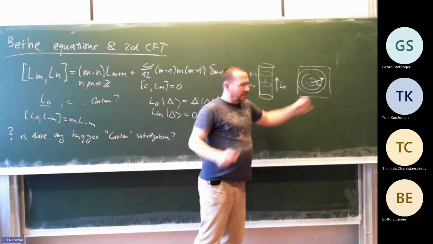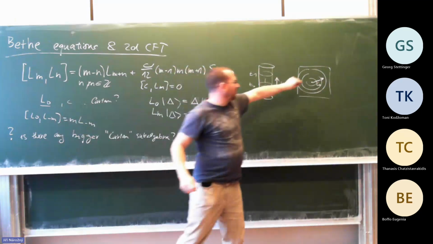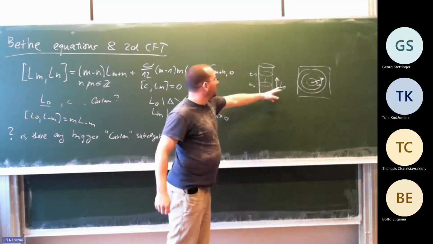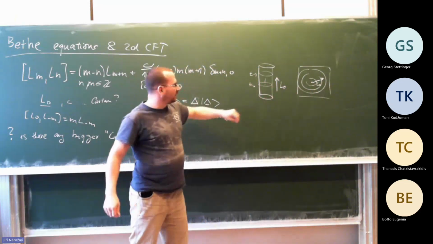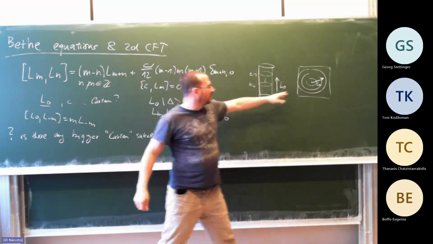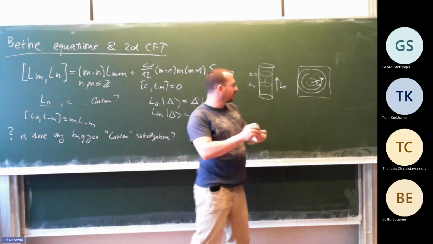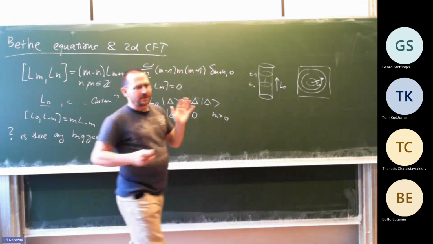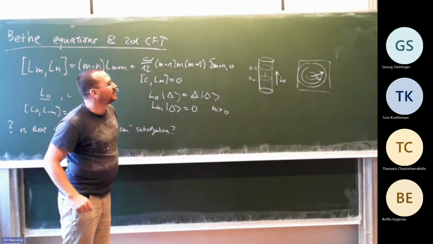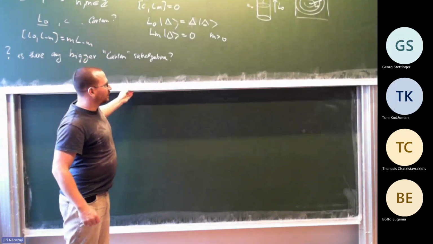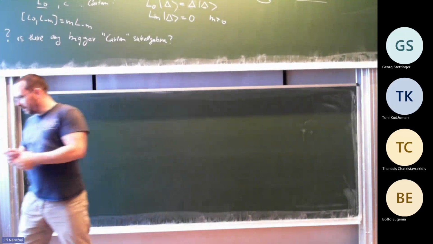In this picture, L0 is an evolution operator that goes in the radial direction, and the eigenvalues of L0 here you would interpret as scaling dimensions of local operators, which if you don't know what it is, you don't need to know, but for those who know some quantum field theory, that's what L0 does. Okay? This is the meaning of L0.